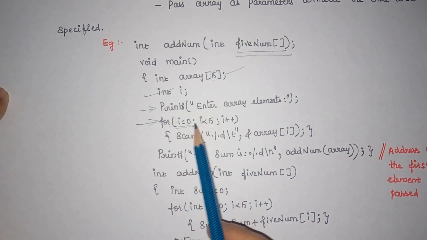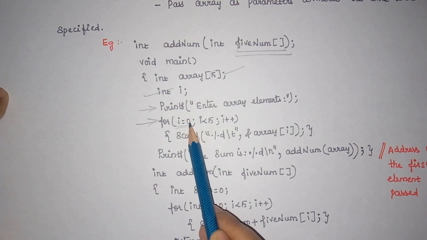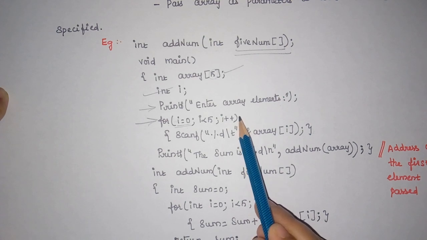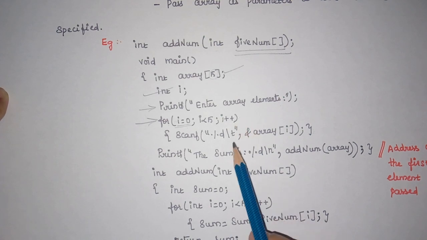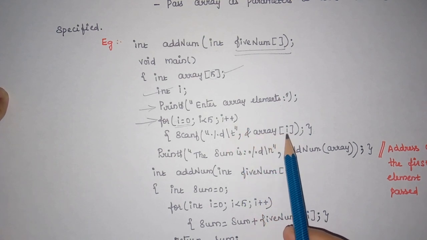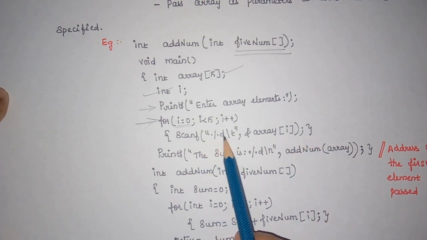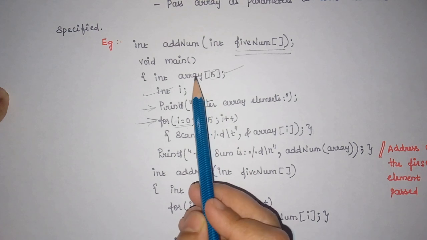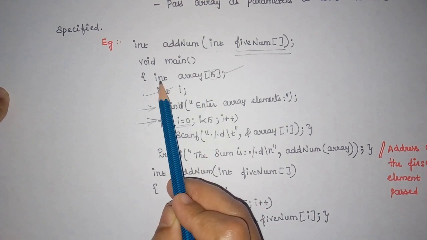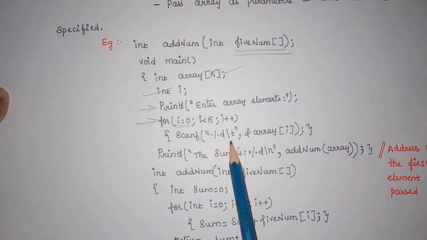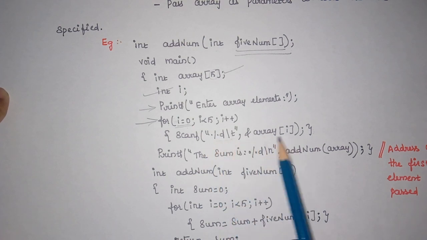Starting with the for loop, we have the condition I equal to 0, because the index value always starts from 0, and it is less than the size of the array, so it is I less than 5. Then we have to increment the value of I every time in order to point to the next element of the array. In the scanf statement, we are going to receive an integer type of value, because the array has integer data type, so we specify %d.